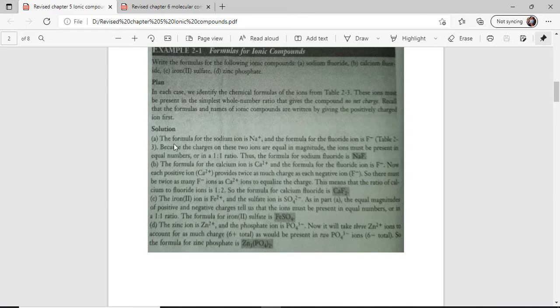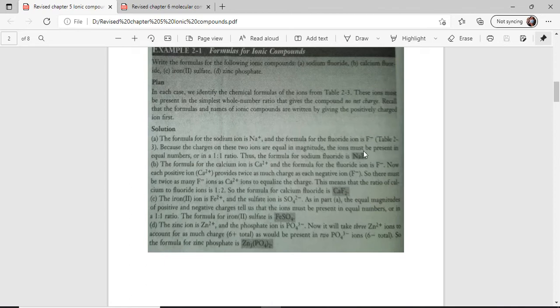Solution, or how to write your ionic compounds. The formula for your sodium is Na. Your sodium is a cation, and the formula for your fluoride is F minus, which is an anion. In table 2-2 you can see it here. Because the charges of these two ions, which is your Na plus and your F minus, will be equal to 0, therefore it is now neutral.